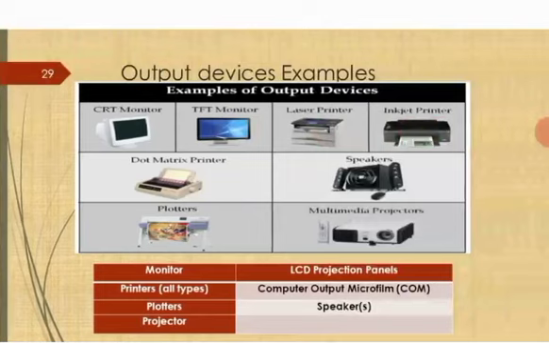The examples of output devices that we have are the CRT monitor, the TFT monitor, monitors in general, laser printers, all types of printers, all types of speakers, multimedia projectors, plotters, and so on and so forth.